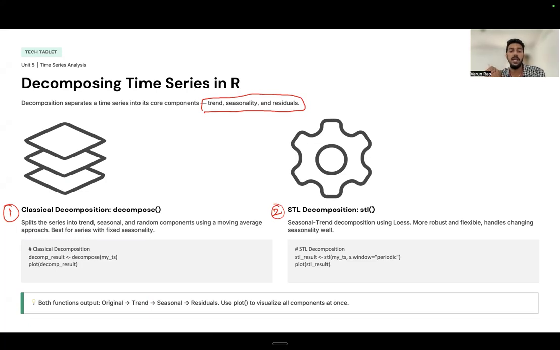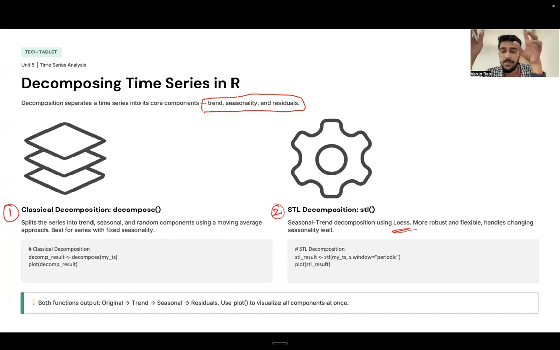So in classical decomposition, you would split the series into trend, seasonal, and random components using moving average approach. But when we talk about STL, that is seasonal trend decomposition, it uses loess function. As you can see here, I have the spelling, and it is more robust and flexible, and it handles changing seasonality well.